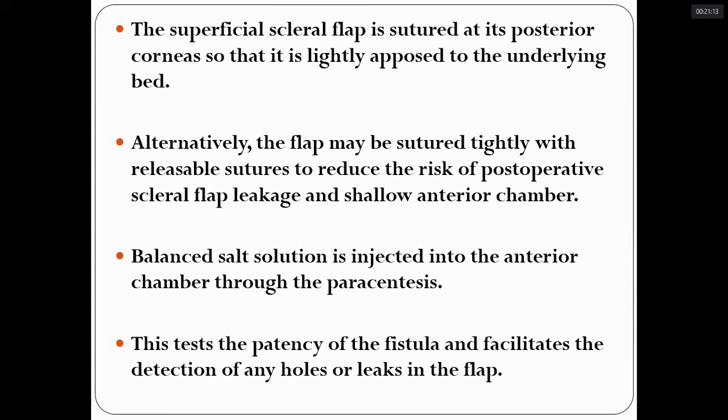The superficial scleral flap is sutured at the posterior cornea so that it is tightly apposed to the underlying bed, or alternatively the flap may be sutured tightly with a releasable suture. Some prefer releasable sutures to reduce the risk of postoperative scleral flap leakage and shallow anterior chamber, which are the most common postoperative complications.